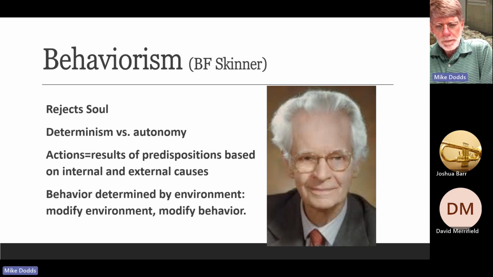Skinner, behaviorism. Our actions are not random personal choices, but the result of some previous cause. So you see the words determinism versus autonomy. I don't choose myself. I'm predisposed to answer or act in a certain way. We've looked at cultural relativism: I act because of the culture.